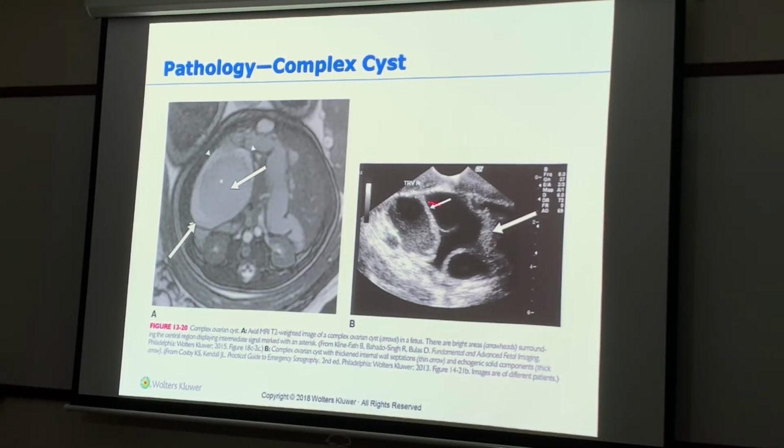Okay? This is a complex cyst. It has thick septations. I'm gonna put color on it and measure. If there is blood flow in that thick septation, I have a carcinoma.